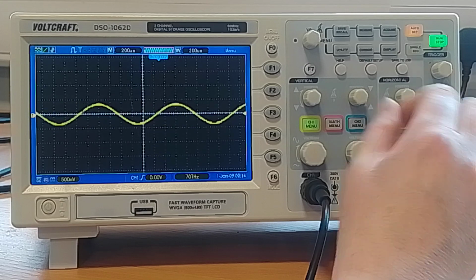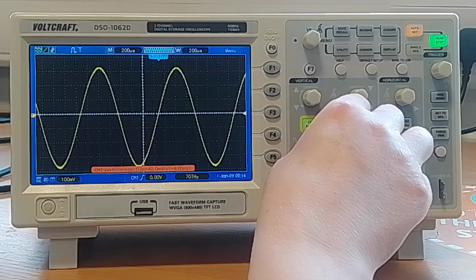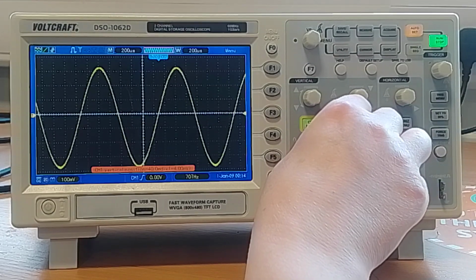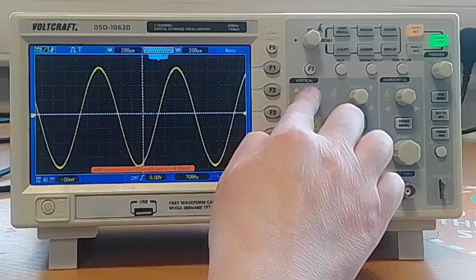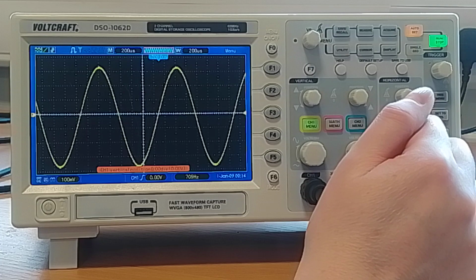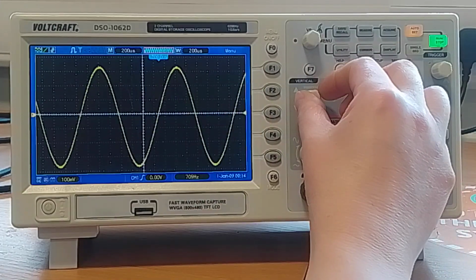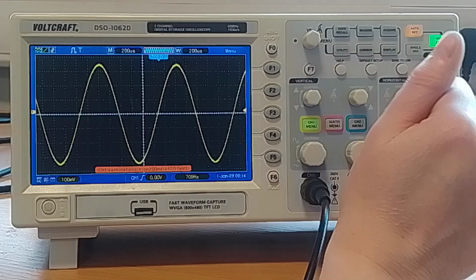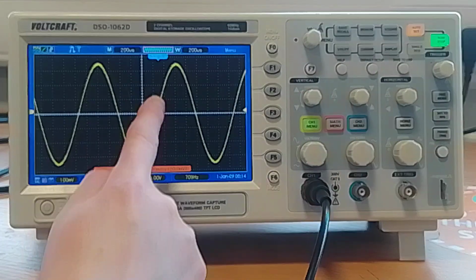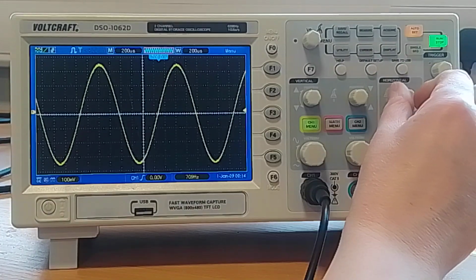And probably as well, I'm going to use my volts per division to get this to be something I can see a bit better. Too big, the right size. Centred. Doesn't look quite centred. It should have the same above the line as below the line, so I'm still going to move that a tiny bit. Like that. This here, for the start of the wave, isn't sitting on this cross, so I'm going to move that.